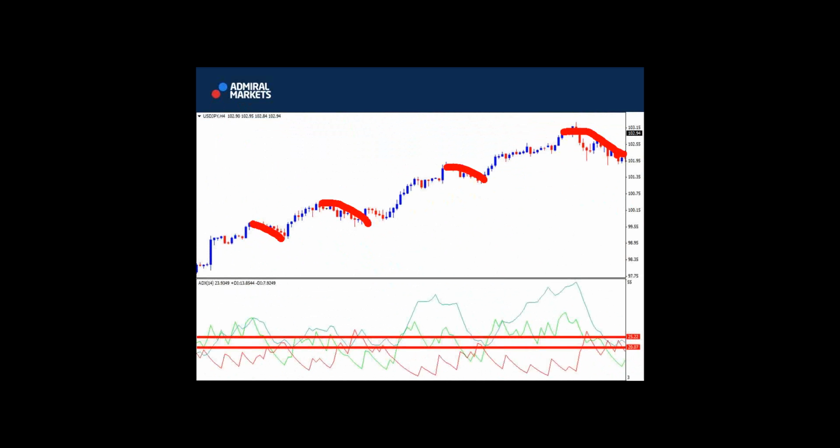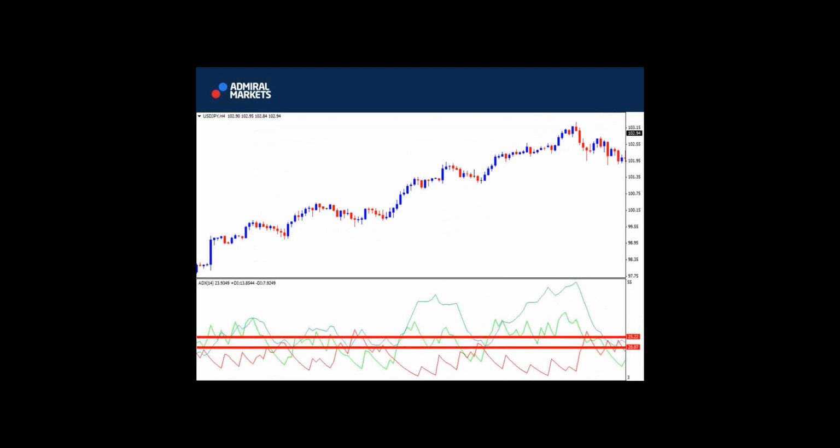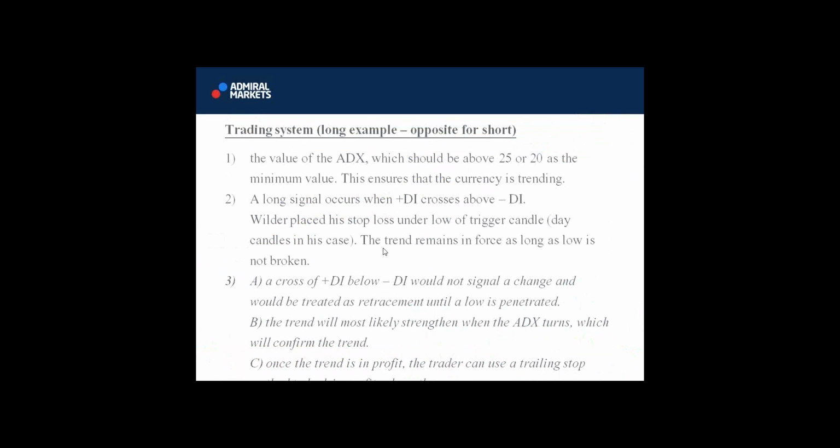Those would not be potential exits right away. He would wait for that low to be broken. Not sure what time frame that was. This is 4 hours, so this is the other time frame, probably the daily chart. Maybe this low could have been broken. This one for sure, this one probably not. It depends how big the retracement is.